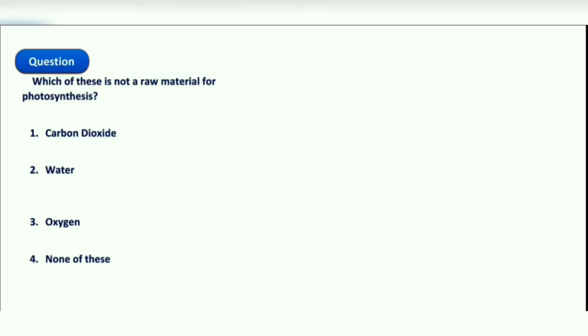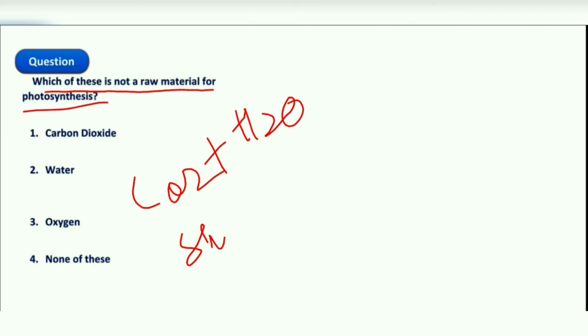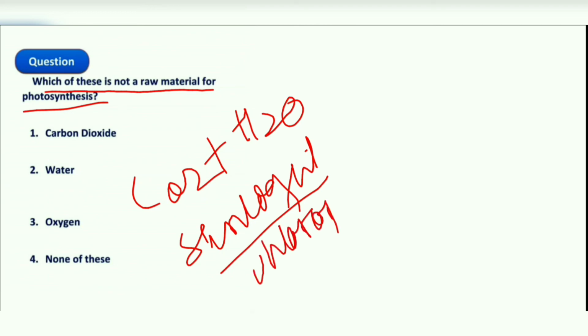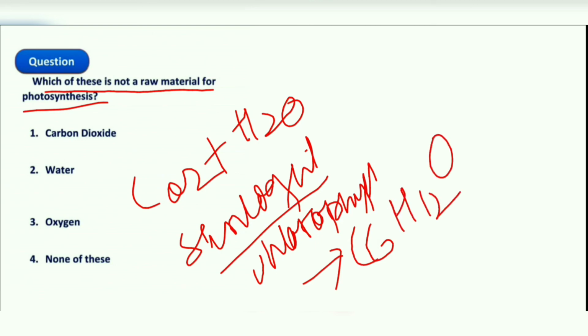Coming to the next question: which of these is not a raw material for photosynthesis? How does photosynthesis take place? Carbon dioxide with water, in the presence of sunlight and chlorophyll, gives rise to C6H12O6 plus oxygen.